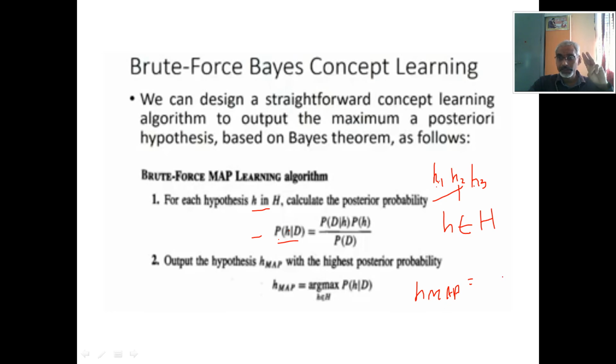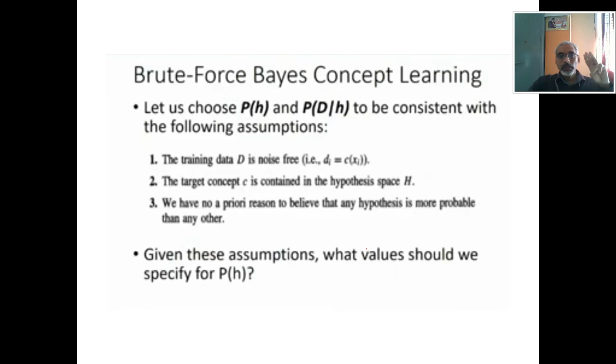What is H MAP? Argmax, the maximum out of these three posterior probabilities, the result you got in the previous step: argmax of all h belonging to H of probability of H given D. So what is this probability of H given D? This is nothing but your posterior probability which you calculated in the previous step. So that is what the algorithm says.